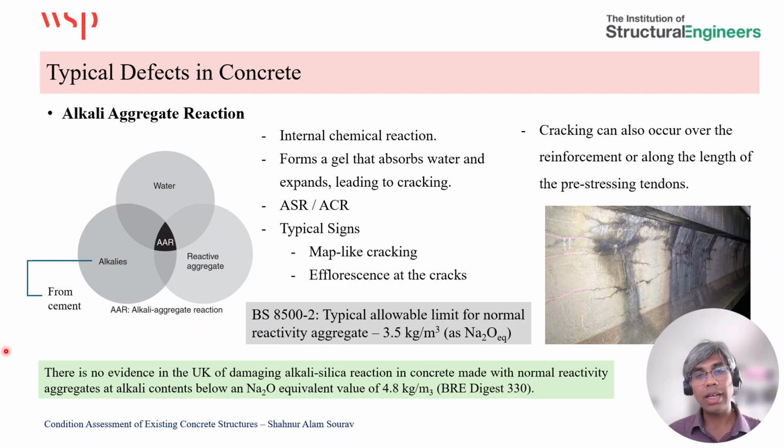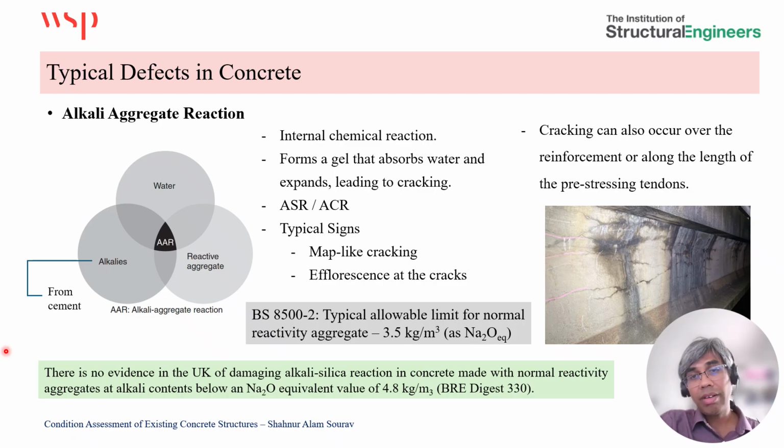One is alkali silica reaction, when siliceous aggregate is present, and the other is alkali carbonate reaction, when carbonate aggregates are present. The typical signs can be map-like cracking, and also we will see efflorescence at the surface of the cracks, where this gel will try to come out through the cracks.